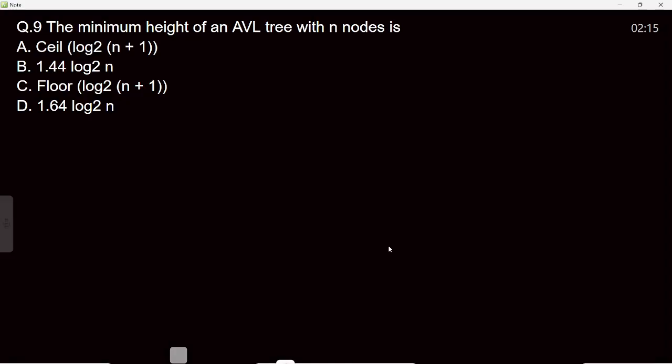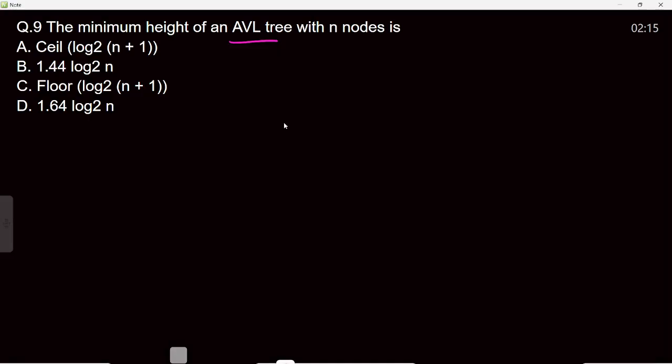Now let's see what is AVL tree. AVL tree is like a binary search tree, means a binary search tree with a self balancing factor is known as AVL tree.